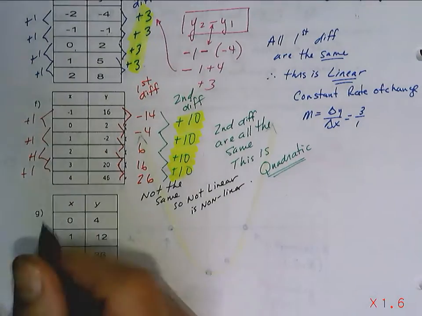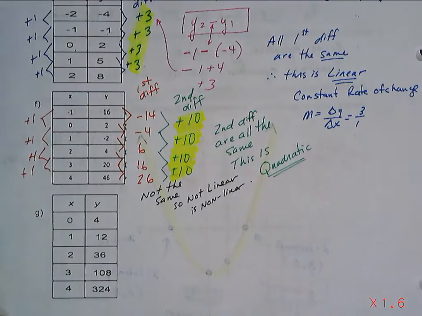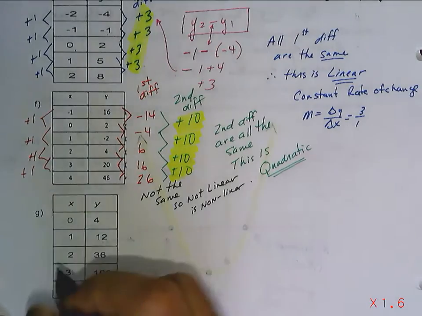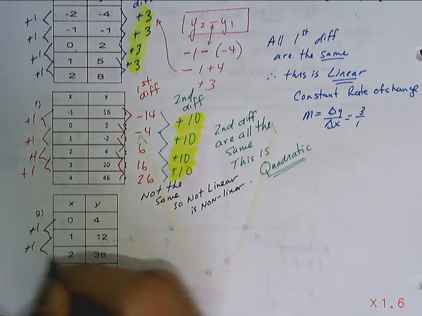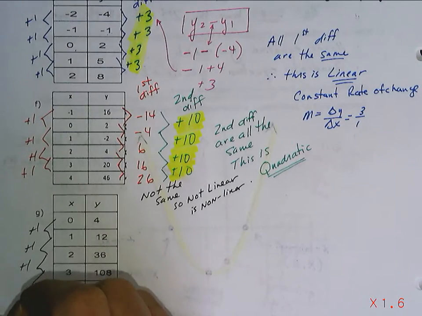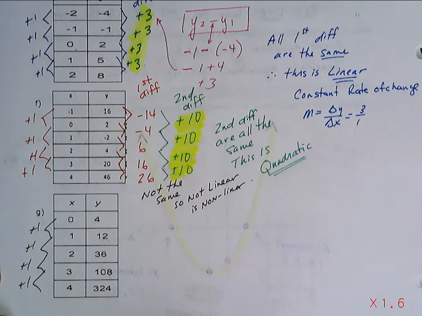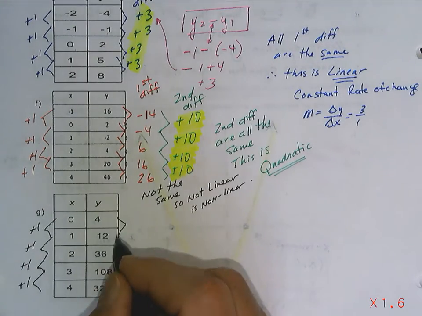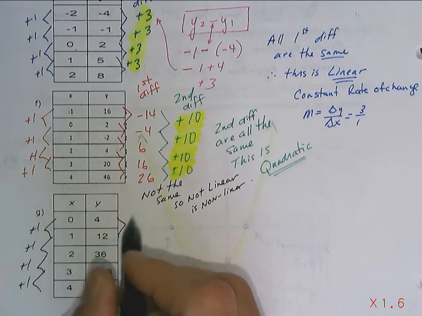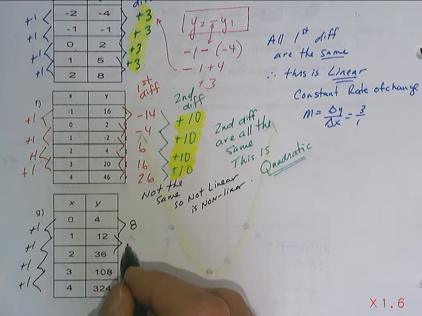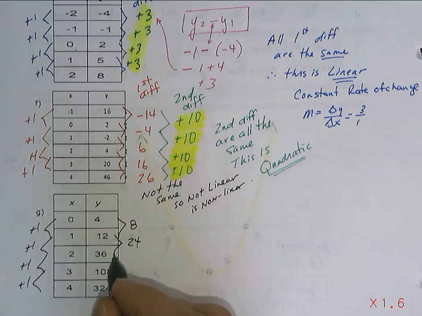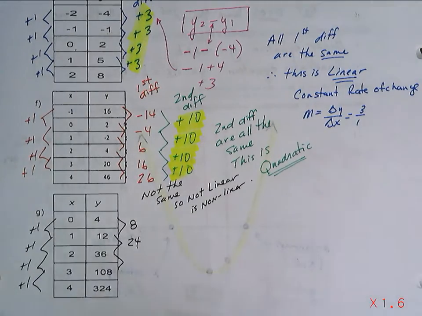So, what does it take to go from 0 to 1? +1, +1, +1, +1. So the first differences, what does it take to go from 4 to 12? 8. 12 to 36, 24. 108 to 36, this is getting hard.